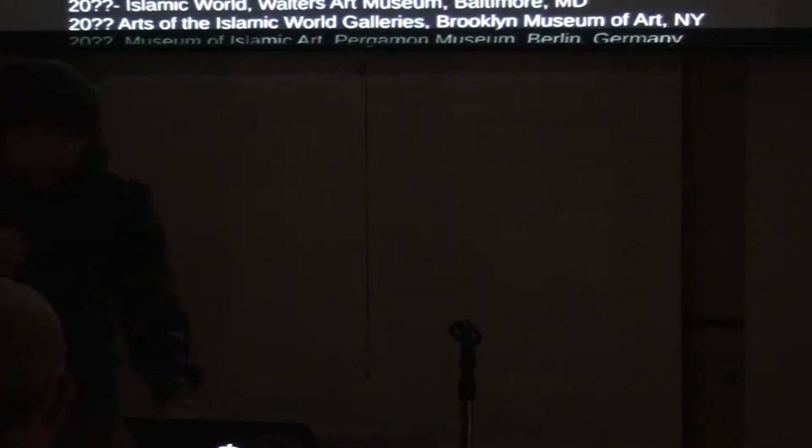This next image is actually from Saudi Aramco's website, and it's the top world collections of Islamic art. And it lists all of the collections and where they are. And this next slide is all of the collections.